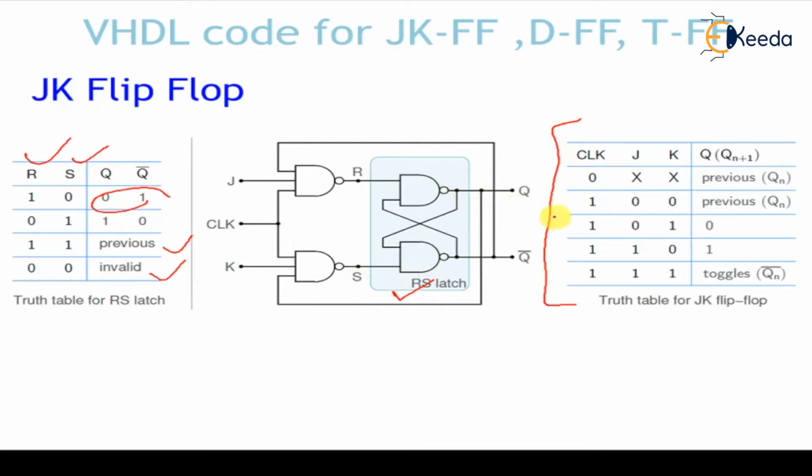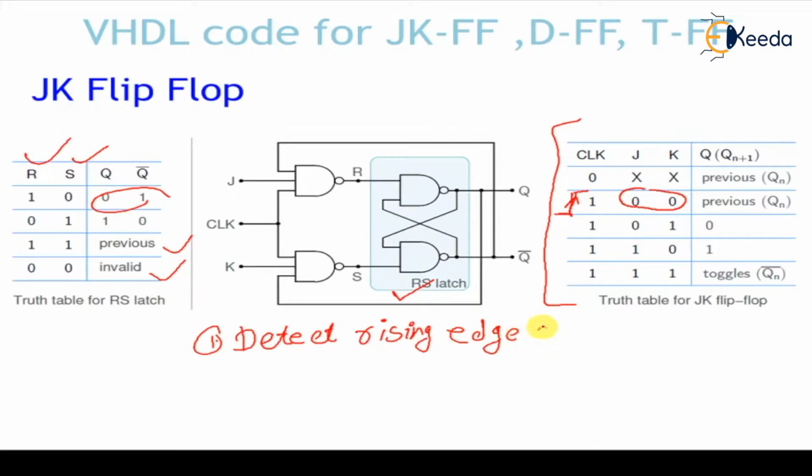Okay, so as we said, this is a JK flip flop and it depends on the clock signal. Here we are taking the clock as a rising edge clock. So whenever there is a rising edge of this clock, it will check the inputs. To write a VHDL code, what are the things required? We need to detect the clock. So the first condition I am writing here: detect the rising edge of the clock signal.